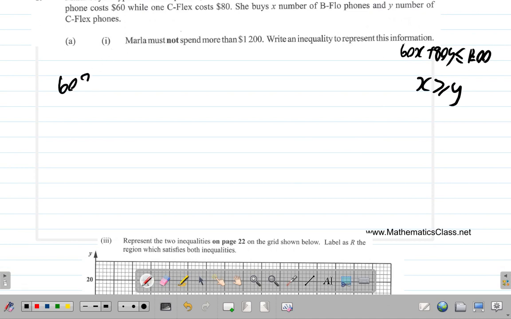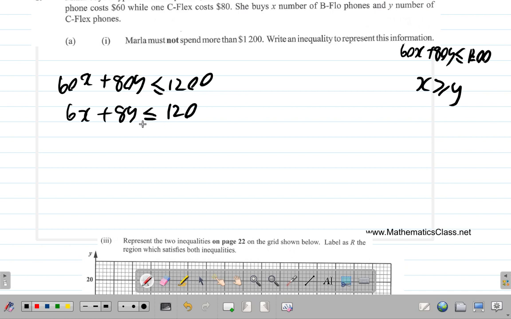If you divide everything by 10, you have 6x plus 8y is less than or equal to 120. You can divide everything by 2 now, and you have 3x plus 4y is less than or equal to 60.